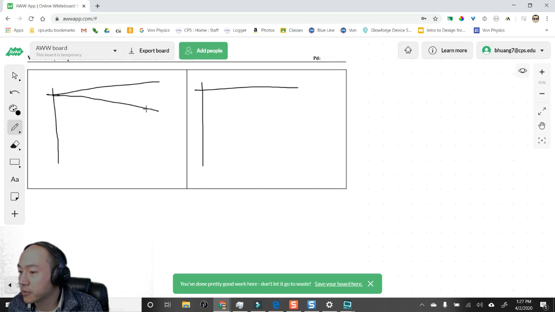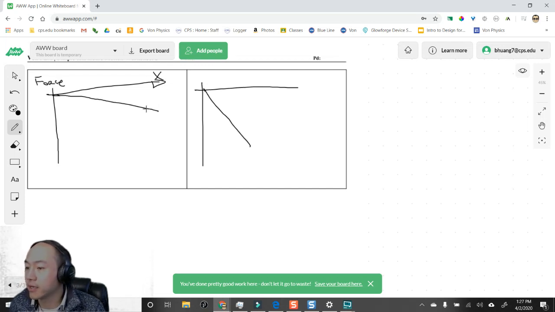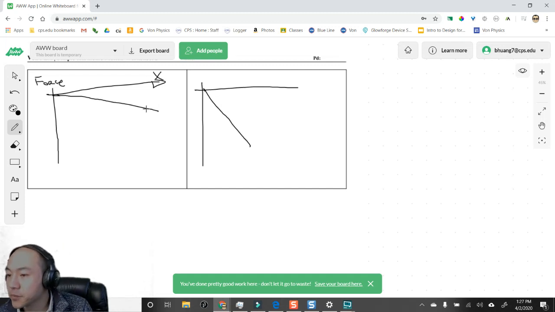Oh, here, let's label our graphs. This is x, and then the vertical is force. And then this one, we got a graph that went straight down. This one is x, and then this is force.